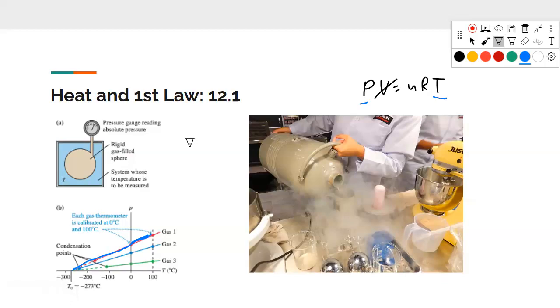And so this was the first clue to early physicists that there was some minimum temperature we now call absolute zero. If you're using Celsius, that's negative 273 Celsius. And at that temperature, there's no longer any pressure in a gas.